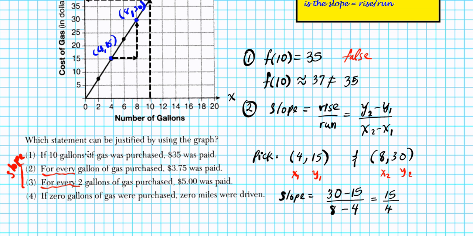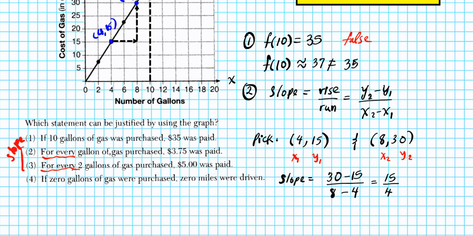To answer option 2, we're looking for every gallon, so we want to divide it completely and write it in decimal form. You want the denominator to be 1 for every 1 gallon. If you plug this into your calculator, 4 goes into 15 3.75 times. So your answer is going to be $3.75.